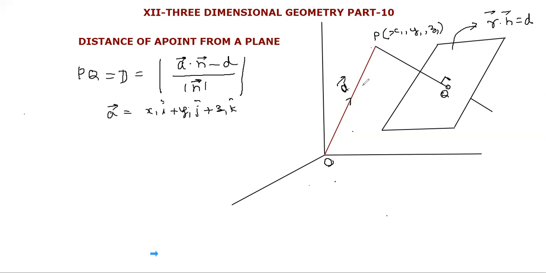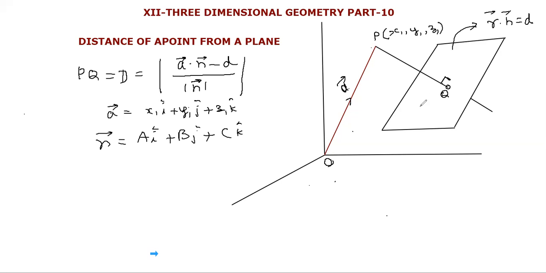And normal vector n, this is vector n, normal vector n. If we go for Cartesian coordinate system, we can use capital N also, or a small n, doesn't matter. So here n vector is equal to a i plus b j plus c k.